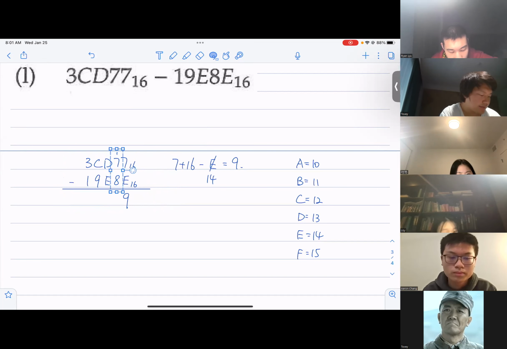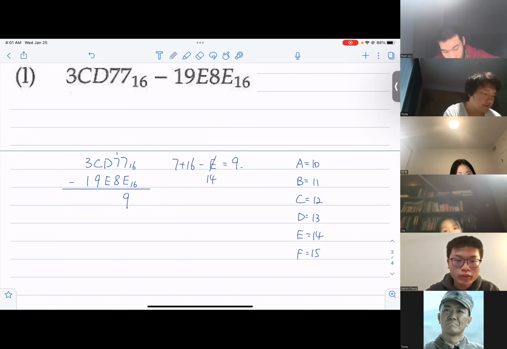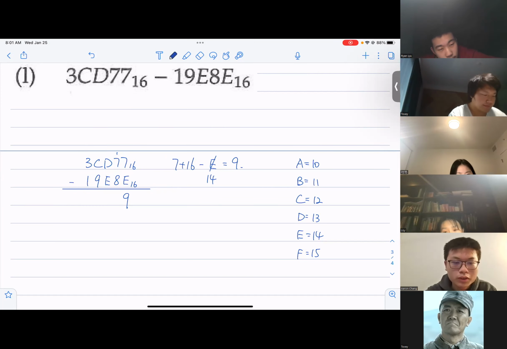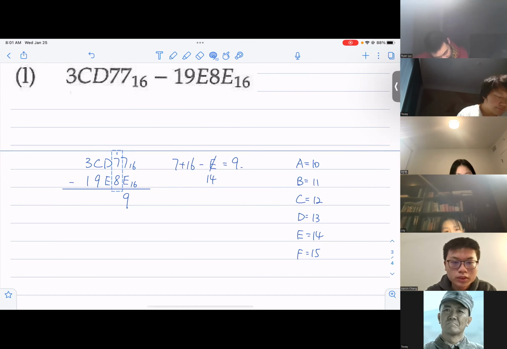When you borrow one, that becomes 6 minus 8. What do we do? You borrow again. So D will turn to, we borrow 16 over again. So that's 22 minus 8. So that's 14. Which is? Oh, 14 is E. Yes. So we put an E here.